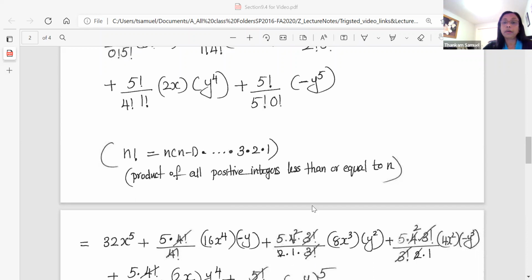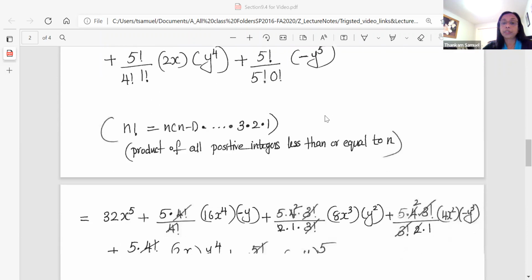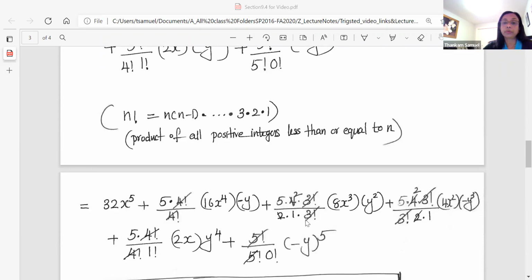Then here we have 3 factorial, so the 3 factorial will cancel each other. And then we can simplify this. So this becomes 10, 5 times 2. Then we have the terms 8x cubed times y squared.